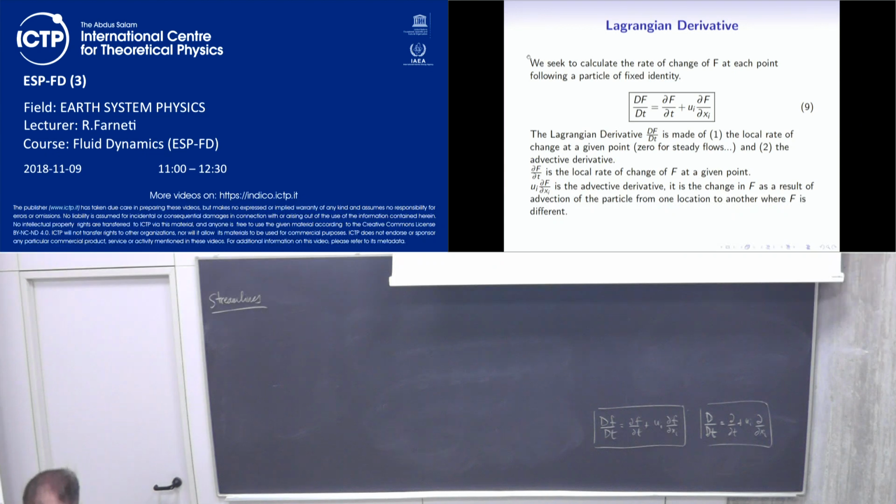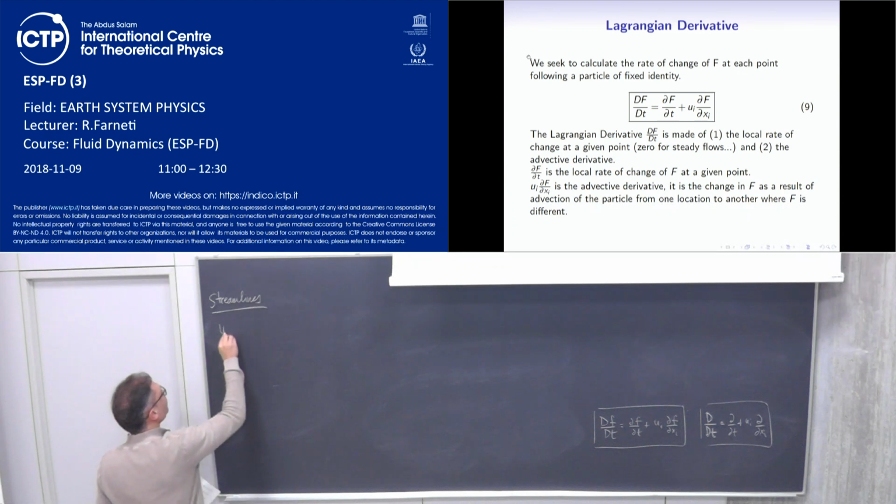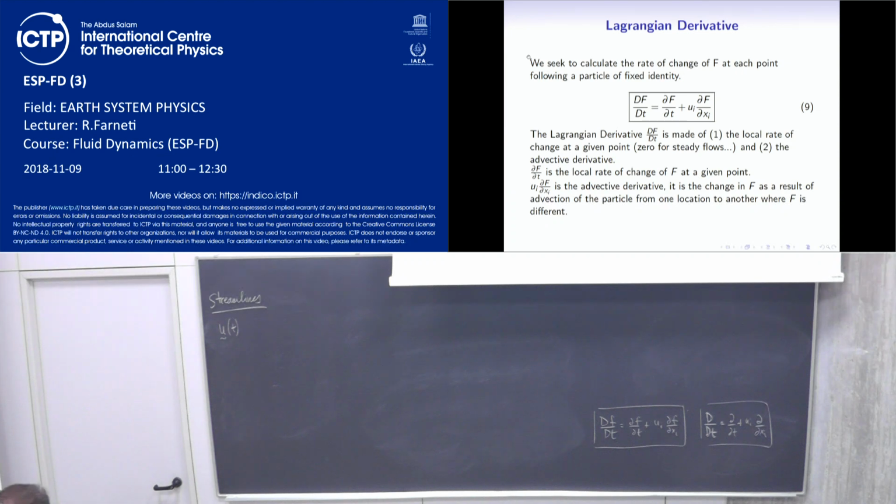If you want to describe all the particles in your flow, you do that through the streamlines. So imagine that you have a flow and you have a velocity vector, and at any point you have some velocity vector which is a function of time. It could be fixed in time actually, but generally it's a function of time. So you can describe streamlines of the flow.